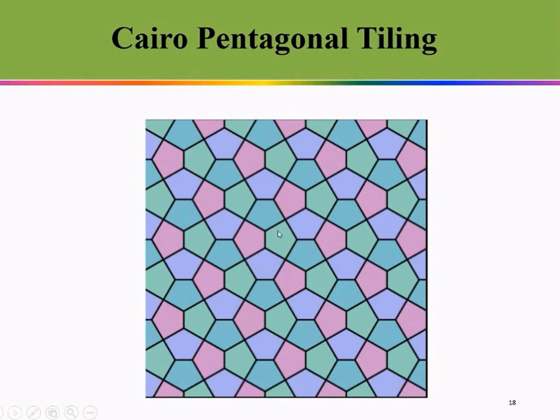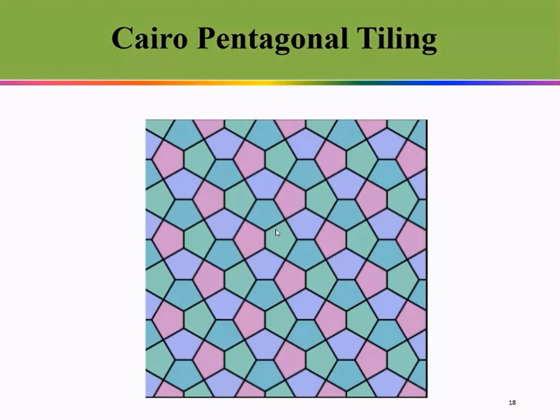But this hexagon is not a regular hexagon. You have 4 long sides and 2 short sides. And this hexagon then can be used to tile a floor. So yes, you can tile a floor with only pentagons as long as 4 pentagons make a hexagon.